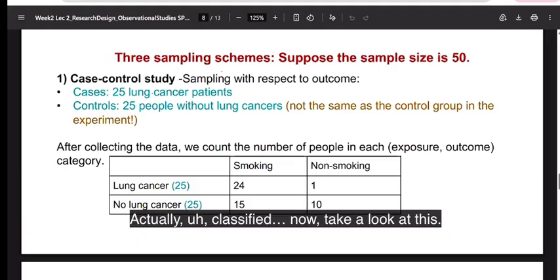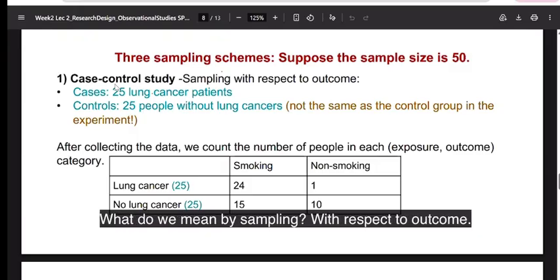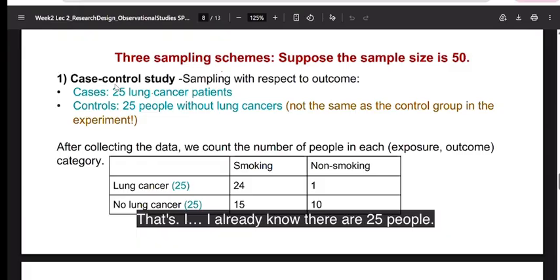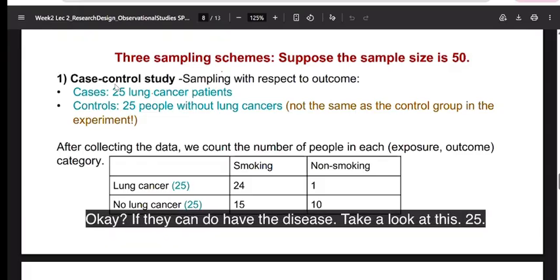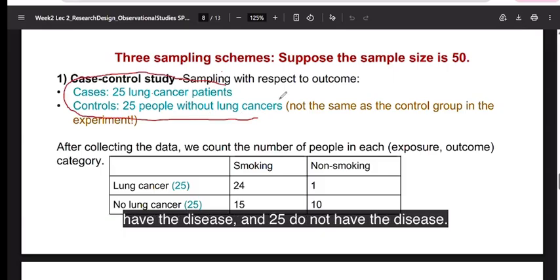Now, take a look at this. I want to talk about case control study. That is when I'm sampling with respect to outcome. What do we mean by sampling with respect to outcome? I already know that 25 people have the disease, and 25 do not have the disease.